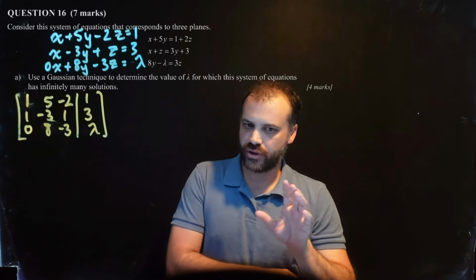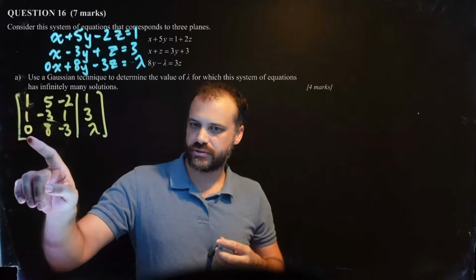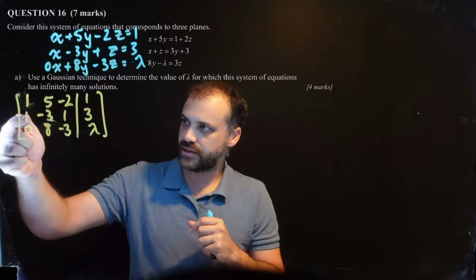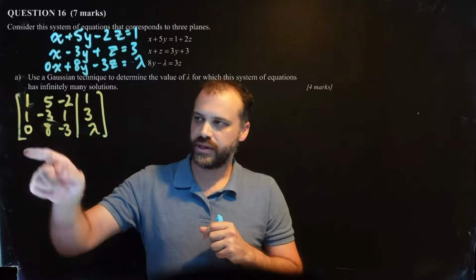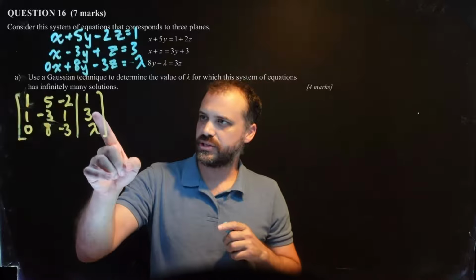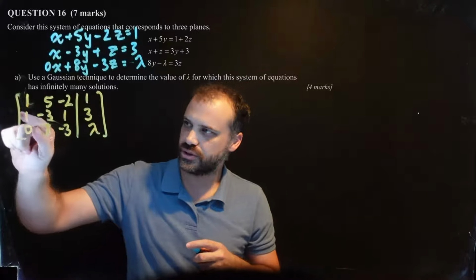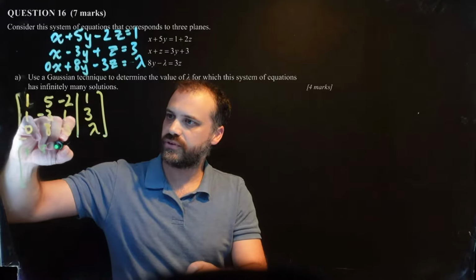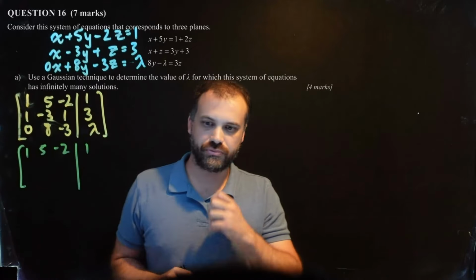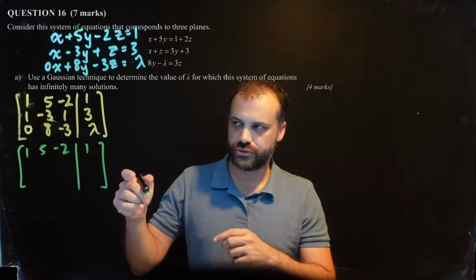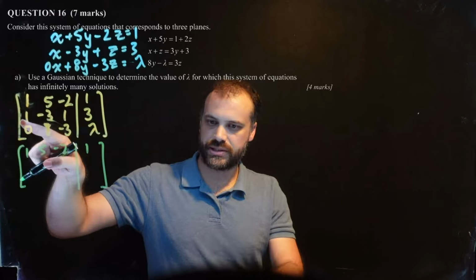Now, they've been pretty kind here, I think, because we've got a 0 sitting here. Because remember, first goal of Gaussian elimination, make this a 0, make this a 0. So I don't have to do anything to row 3 in my first step, but I do need to do something to row 2 to turn this into a 0. This 1, 5, negative 2, 1 up the top remains as it is. And then the question is, what do I have to do to row 2 to get this to be a 0?